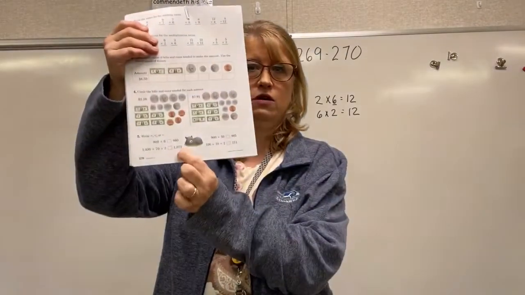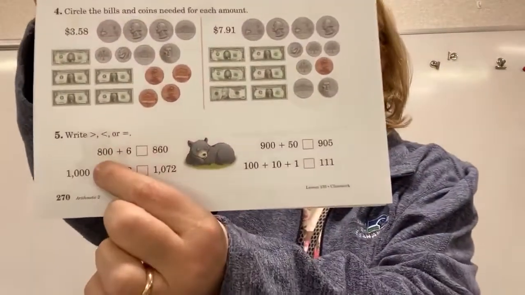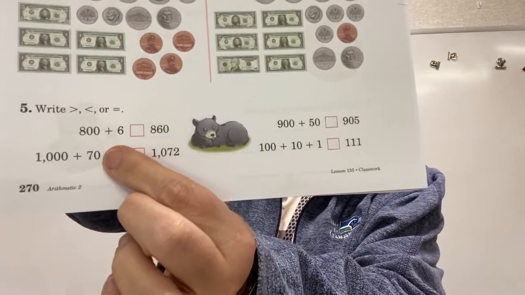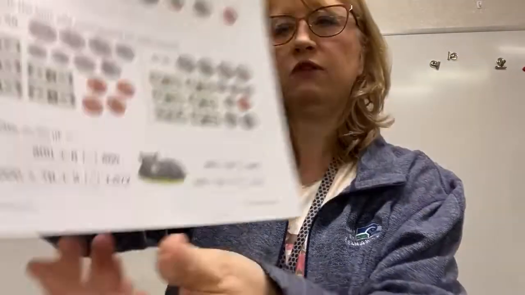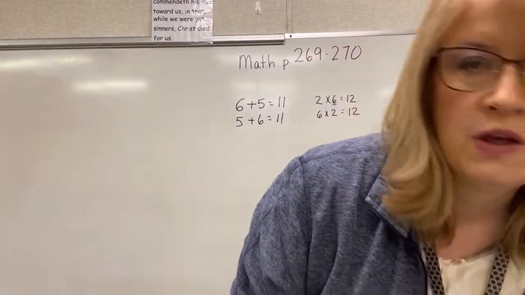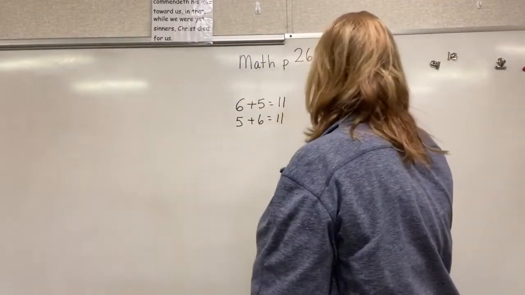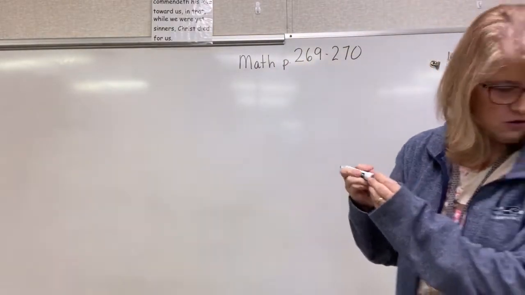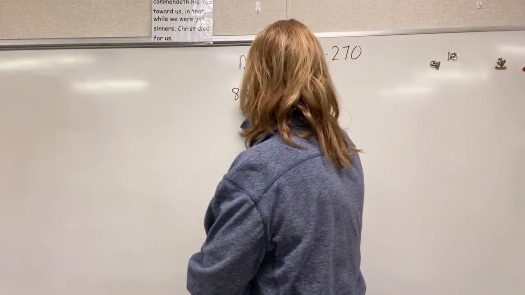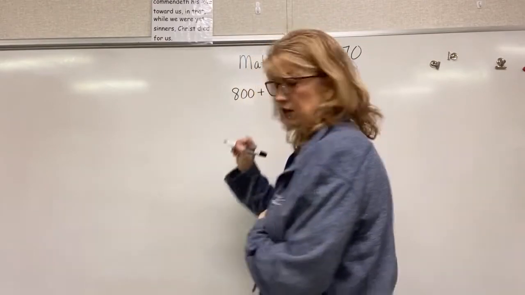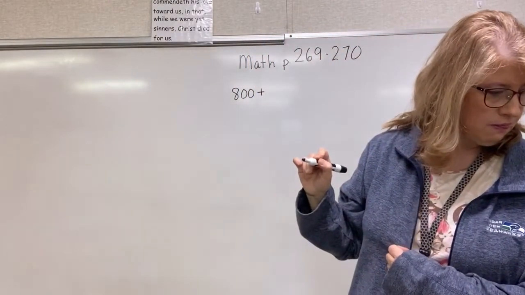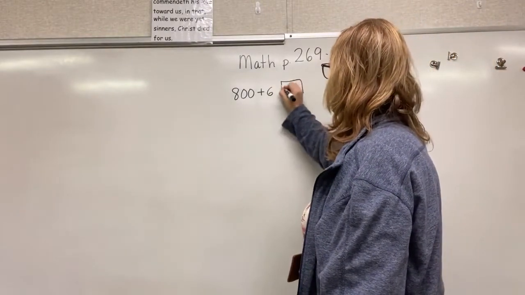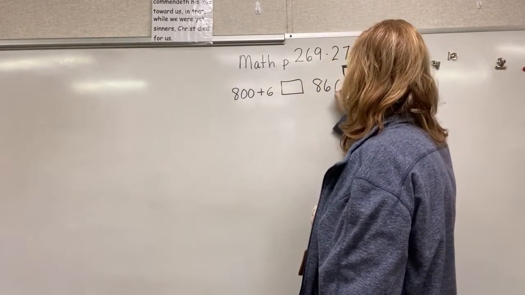Down here on section 5, I'm going to do the first 2 problems with you so you will know how to do it or remember how to do it. So let me erase this, get my marker. Okay, the first problem is 800 plus 6, and then you have the box, and then you have 860.